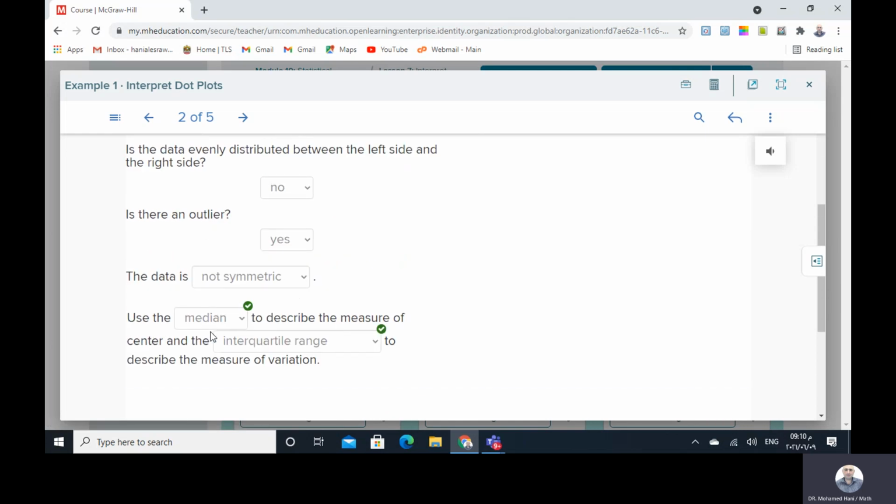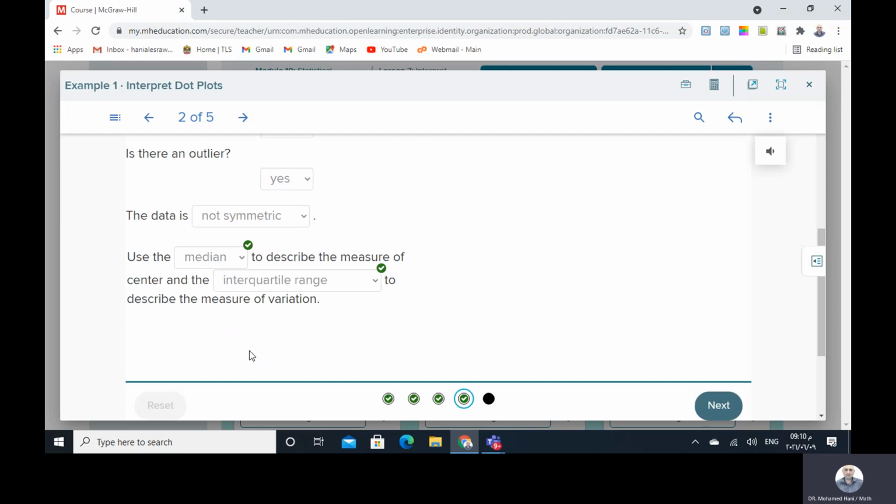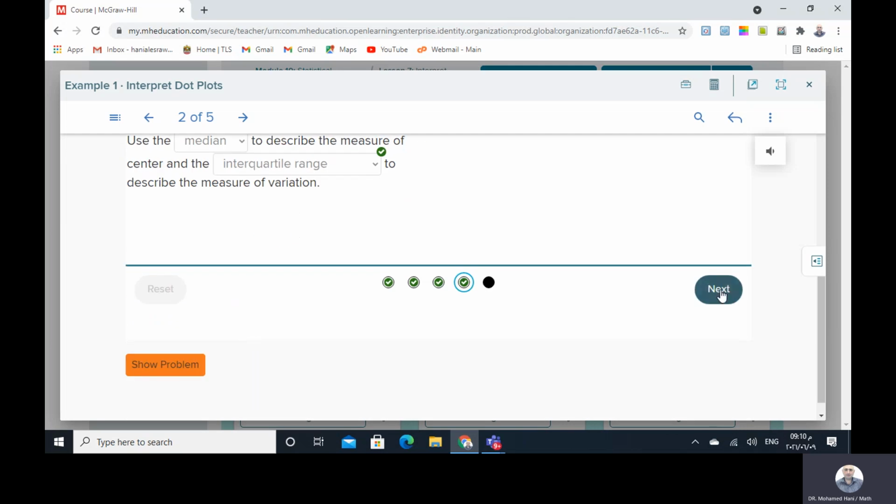So we can use the median to describe the measure of center and the interquartile range to describe the measure of variation. So use the median and interquartile range to describe the measure of center and variation.